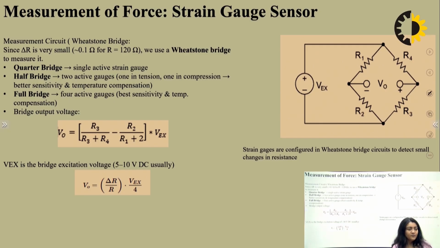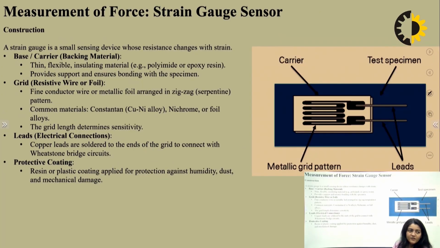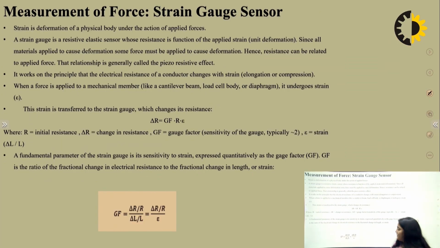For the bridge, this is the formula: V0 is equal to R3 upon R4 plus R3 minus R2 upon R1 plus R2, into the external voltage. The external voltage is the bridge excitation voltage, usually 5 to 10 volts DC. So V0 is equal to delta R by R into Vex upon 4. Now, what is delta R by R?